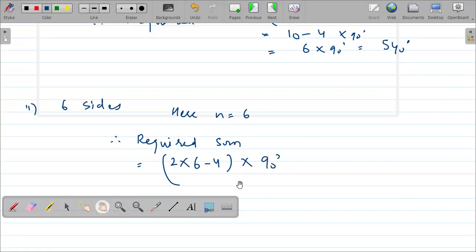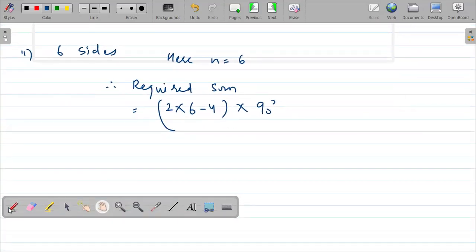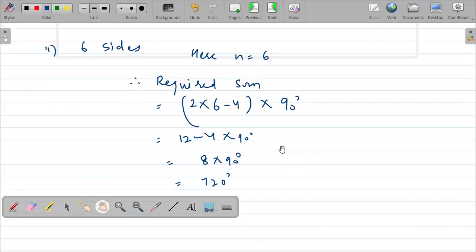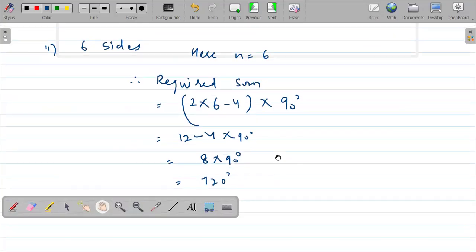That is 12 minus 4 into 90 degrees, that is 8 into 90 degrees, that is 720 degrees. So the sum of the angles of a polygon which has 6 sides is 720 degrees.